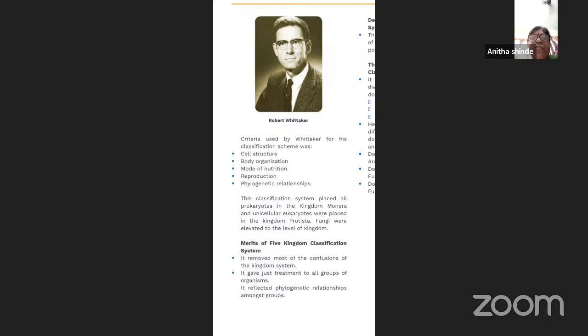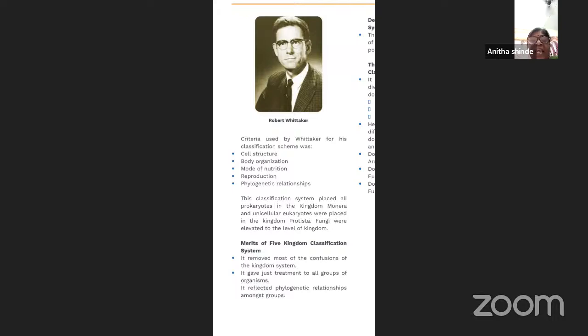He took into consideration the cell structure, body organization, mode of nutrition, reproduction, as well as the phylogenetic relationship. These five characteristic features he took into consideration, and then he classified them. This classification placed all the prokaryotes in the kingdom Monera, all the unicellular eukaryotes were placed in the kingdom Protista, and fungi were elevated to the level of a kingdom.